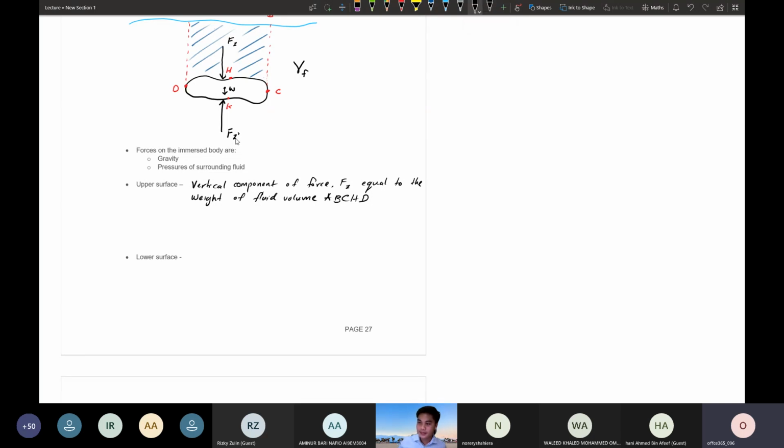Okay, Fz prime. So you can write it down. The vertical component of force, which is Fz prime, equal to the weight of fluid.